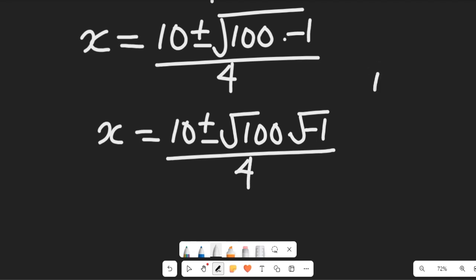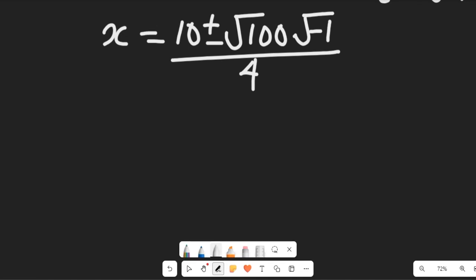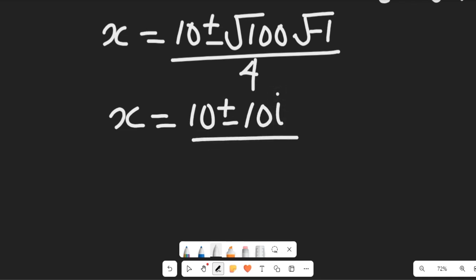Now recall that j is equal to the square root of negative 1 as a complex number. So x equals 10 plus or minus the square root of 100, which is 10, so we have 10j, divided by 4.